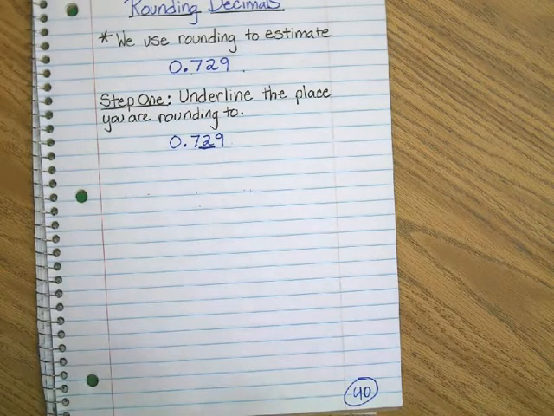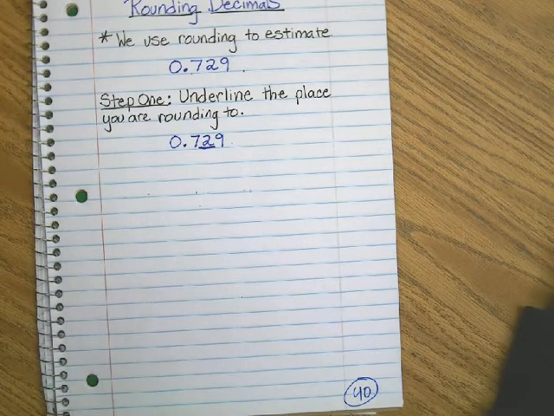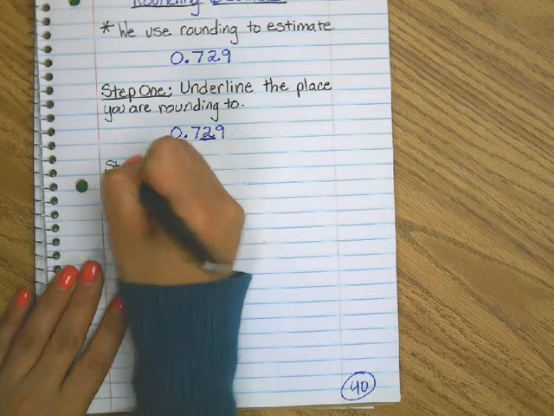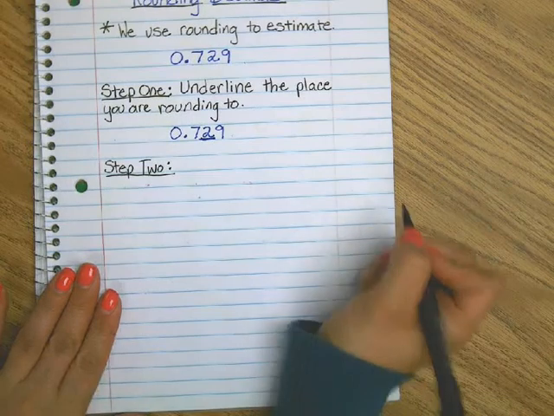Step 2. Look at the digit to its right. Draw an arrow. Let's write that down.